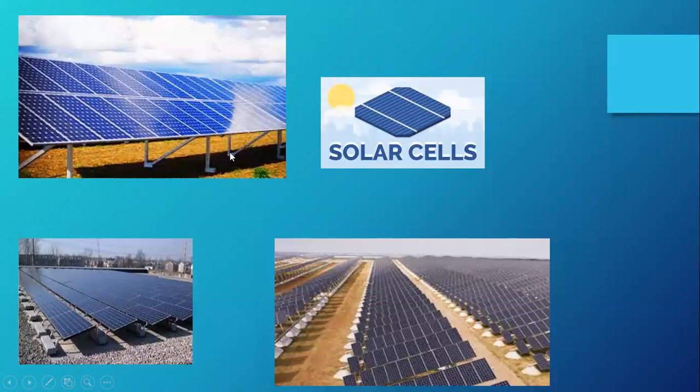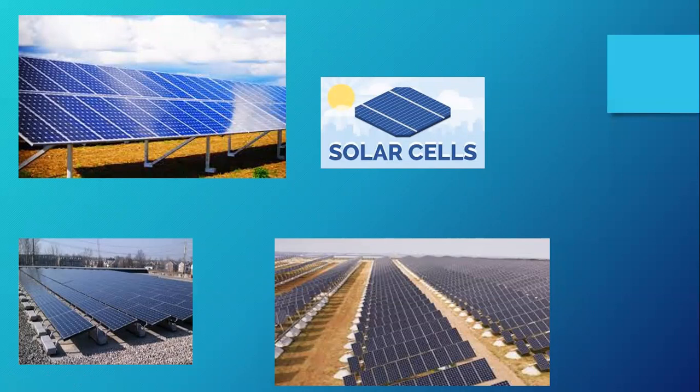Those solar cells will take the light from the sun and turn it into power or energy to make the generator work. Can you see here any smoke or anything not clean coming out from the solar system? No. So it is a clean source to make the electricity.